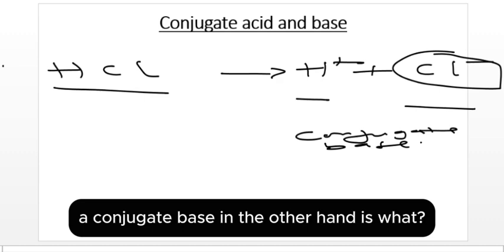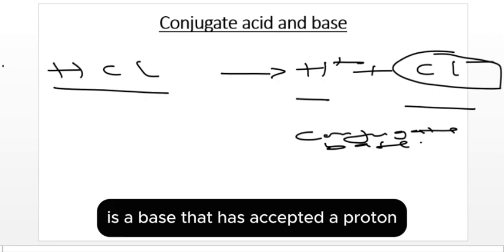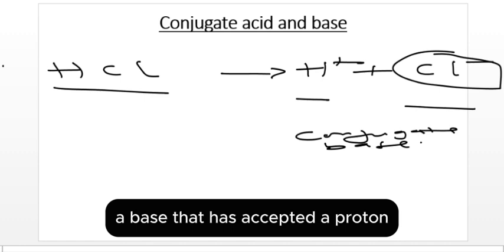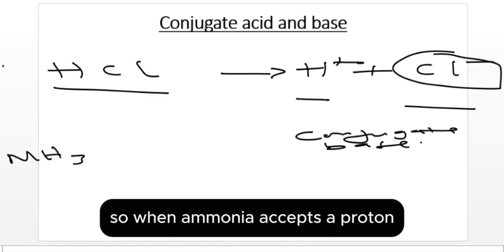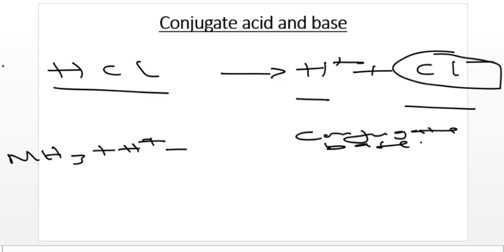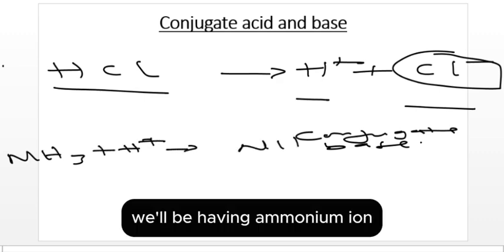Now, a conjugate acid, on the other hand, is a base that has accepted a proton. A base that has accepted a proton. Let's use the idea of ammonia. So when ammonia accepts a proton, we will be having ammonium ion.